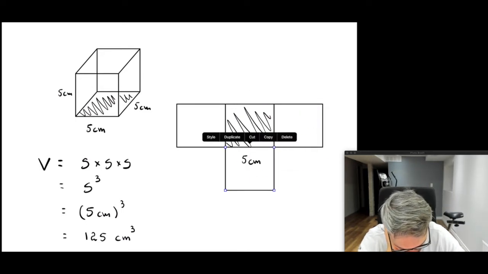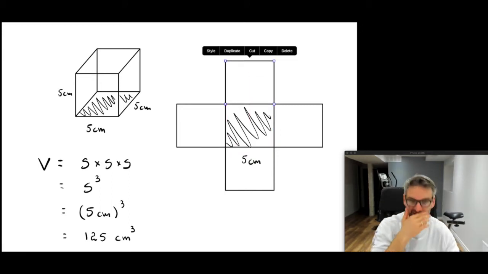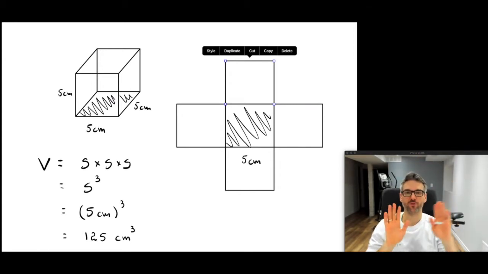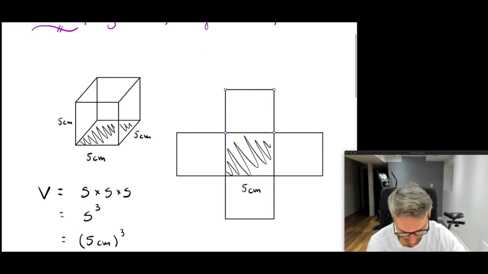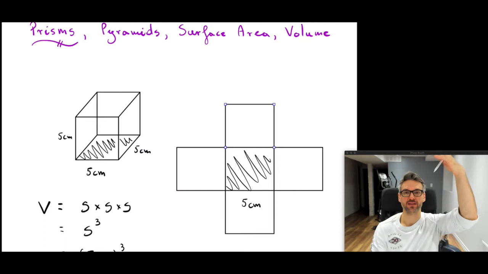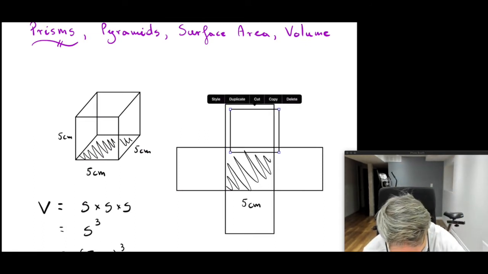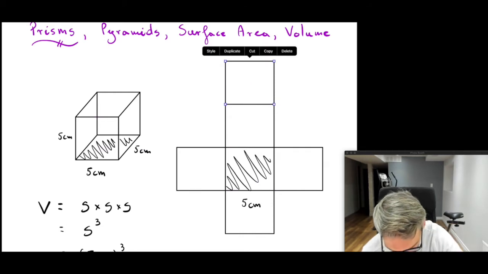How many of these are we going to have? Notice that there are 6. There is the base, the bottom, there's the top, and then there are the 4 sides. So these are your 4 sides. And then of course we still have the top piece, so I can duplicate it and put that top piece here.